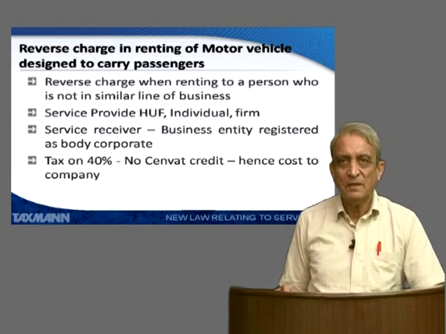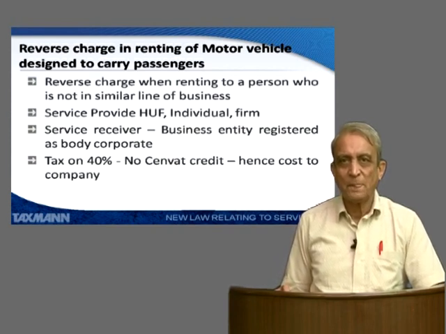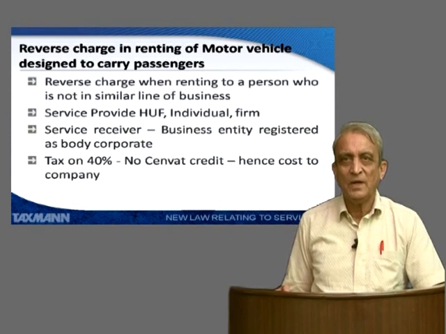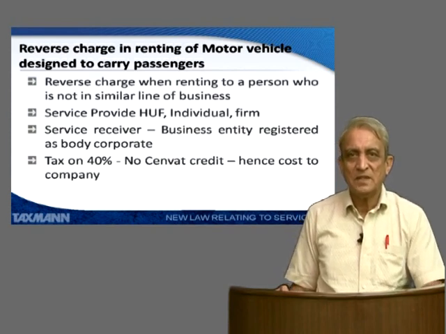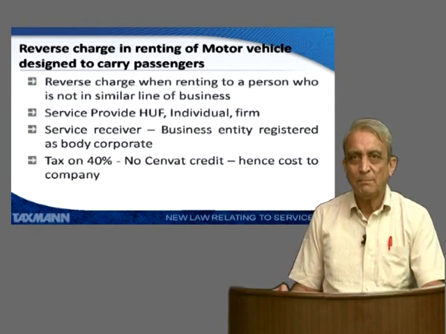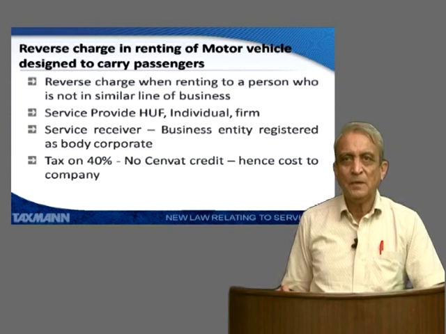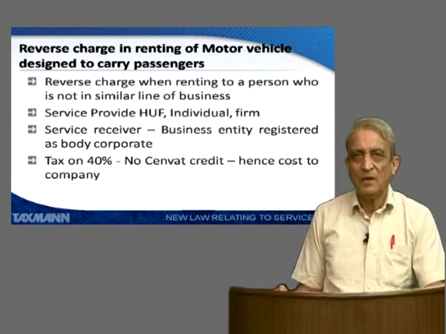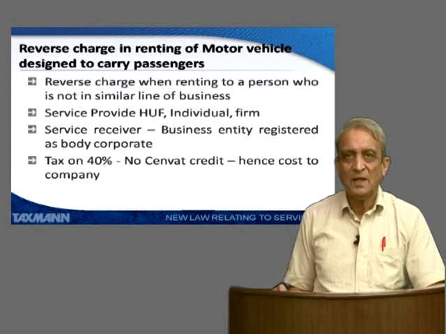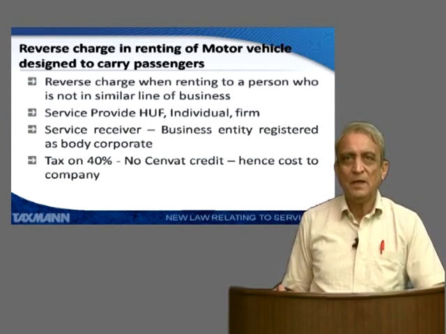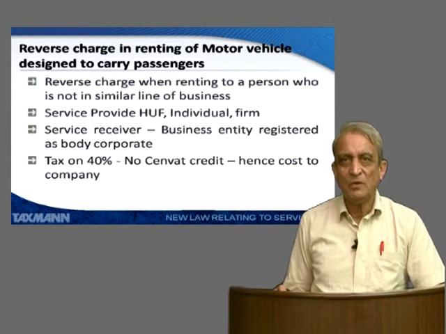Thus, if a person who is in the business of renting a car gives the vehicle on rent to a person who is also in the business of renting a car, then this reverse charge mechanism does not apply. Of course, this is a relief, because in many cases the rent-a-cab service provider may not have his own vehicle, and then he will offload part of his work to another person who is providing the service of renting of a motor vehicle.